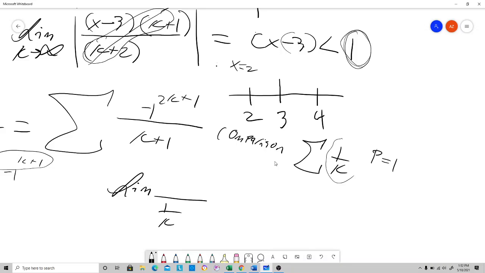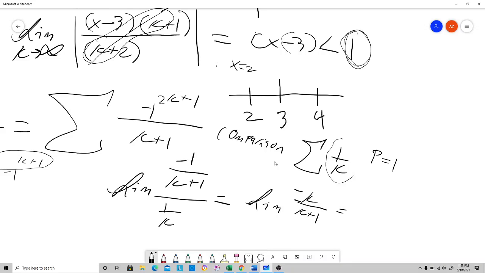And then the next one, we can just write negative 1. It's the same thing. So now, if we take the limit, we take the reciprocal, so it's going to be the limit as k, negative k, I guess, and then k plus 1.